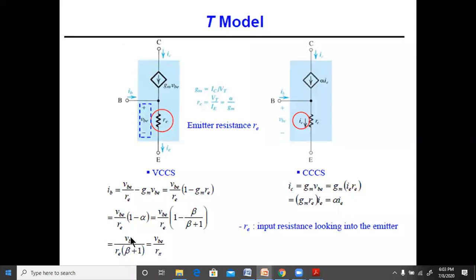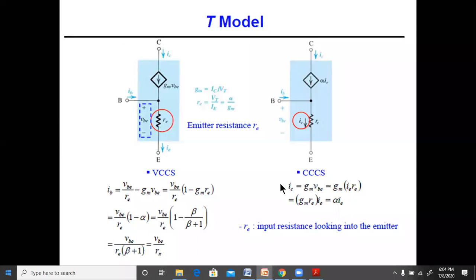So if you simplify this and try to write it, then you will get in the denominator itself the value beta plus 1, and this is nothing but R pi, which we have already derived, and that's why we are writing like this. IB is equal to VBE by R pi.